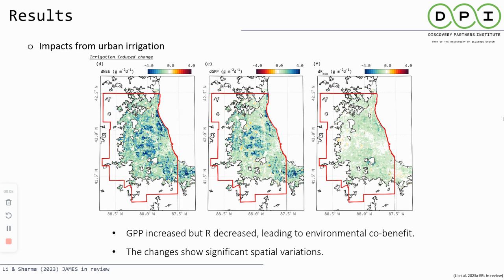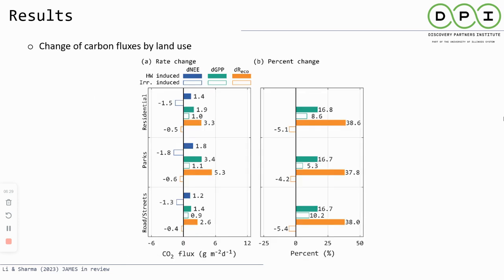By co-benefit, I mean it will decrease the temperature, which mitigates urban heat, as well as absorb more carbon from the atmosphere. And the change shows significant spatial variation. It's not strictly overlapping with the biomass, but overlaps with how you manage these landscapes.